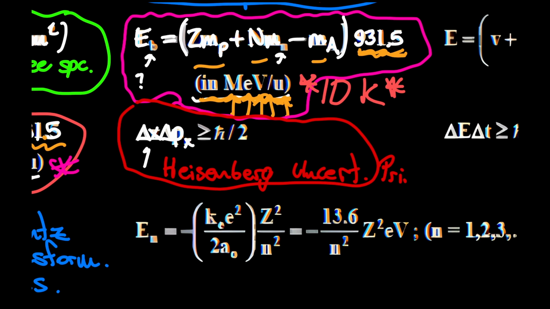So delta means difference in, and x means position. Delta, difference in momentum, and momentum subscript x means momentum in the x direction. So the uncertainty in the position multiplied by the uncertainty in the momentum must be greater than or equal to h bar divided by 2.